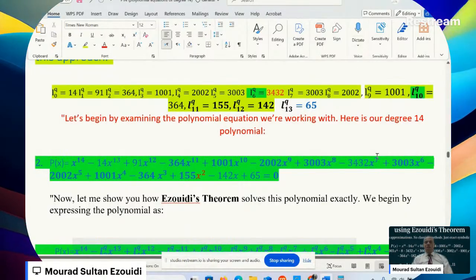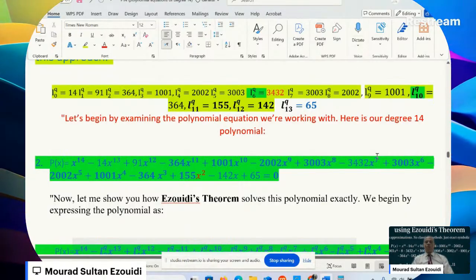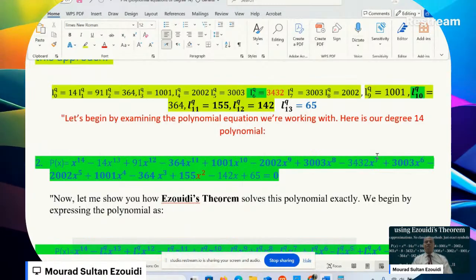Now let me show you how we solve this polynomial exactly.